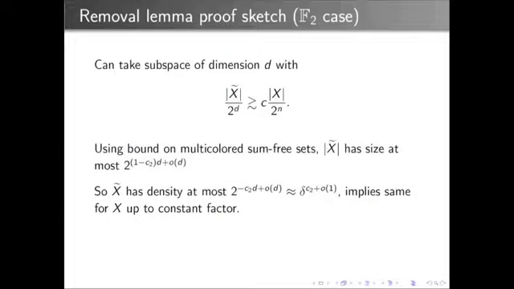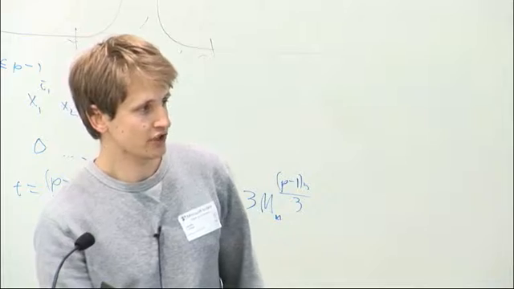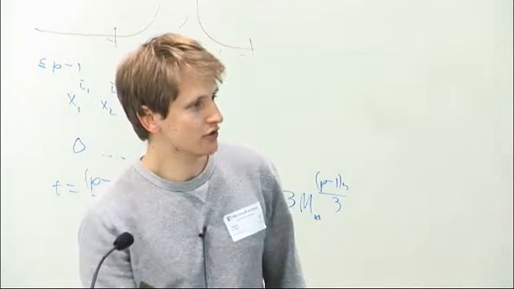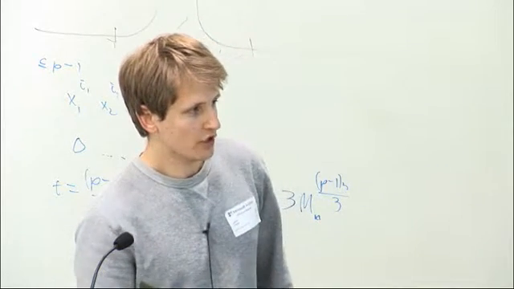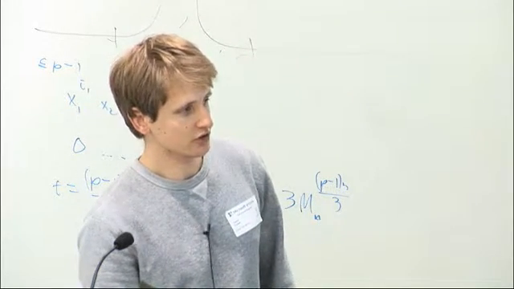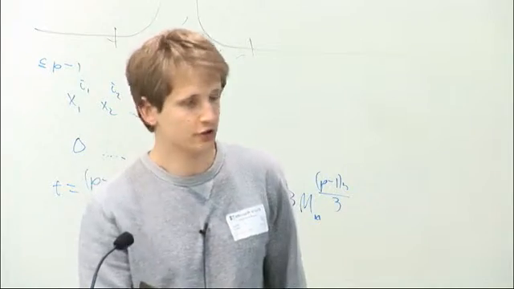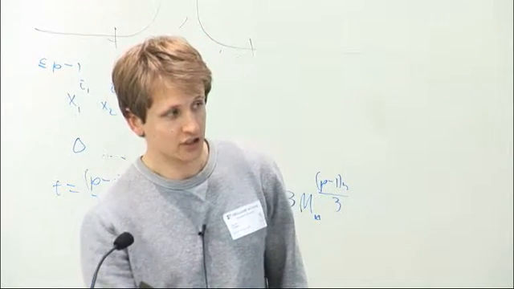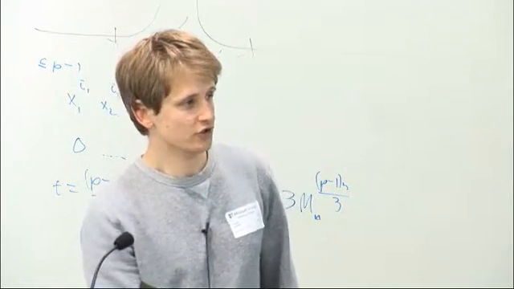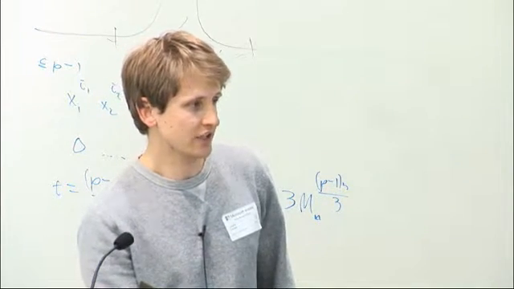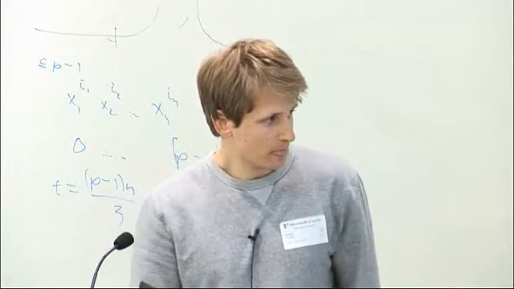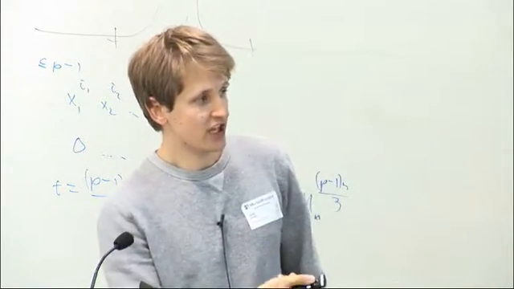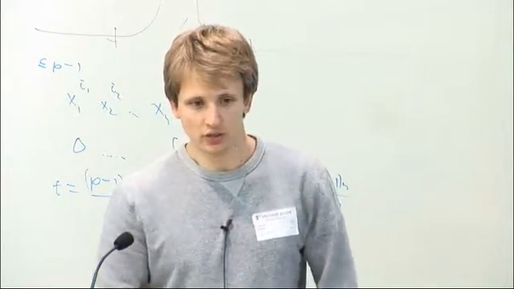And then if we divide by 2 to the d, we have that this x tilde has density at most 2 to the minus c2 times d plus a lower order term. 2 to the d was basically 1 over delta, so this is basically delta to some exponent plus an error term. Here by little o1, I mean that as delta goes to 0, this error term goes to 0. And so this implies the same bound for x up to a constant factor.